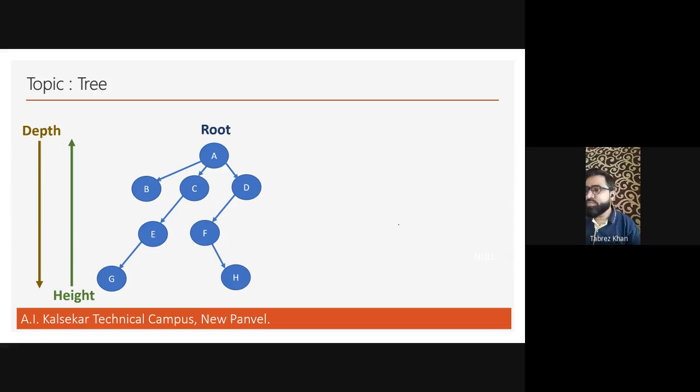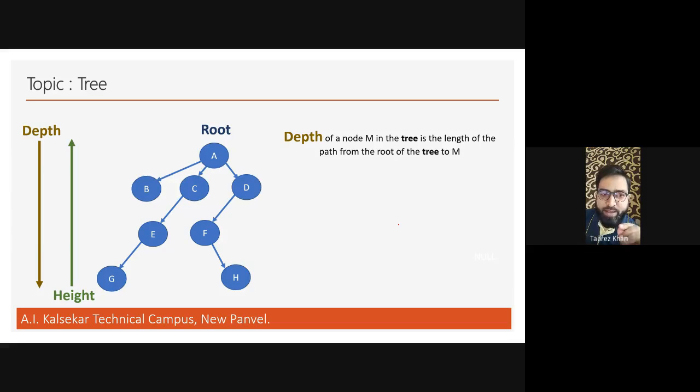Then the definition of depth. What do you mean by depth? Take the depth of a node M. If I think of any node in a tree, let's call that node M. The depth of a node M in the tree is the length of the path from the root of the tree to M. Now see the definition carefully.